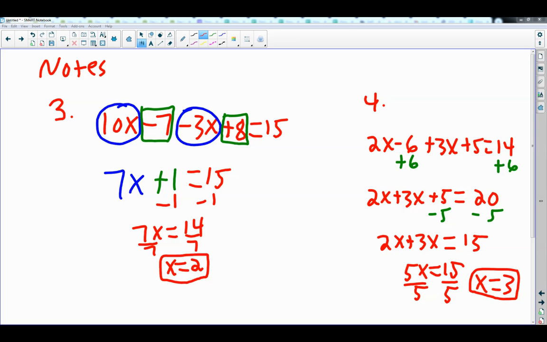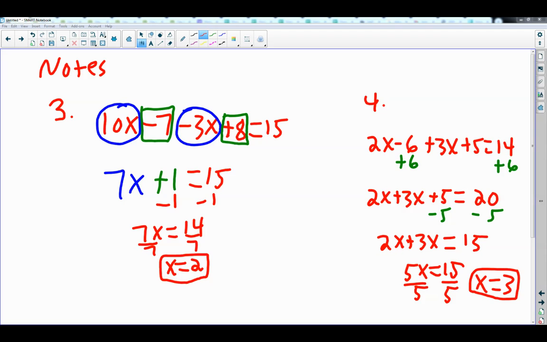So we added 6 to both sides, then we minus 5 from both sides, then we got the x terms by themselves. You're going to have to combine those pretty much regardless, even if one is negative. So if that was like 2 minus 3, you still have to do some combining like terms there. And then we solved. Okay, but it's a little bit easier to see, less crowded.